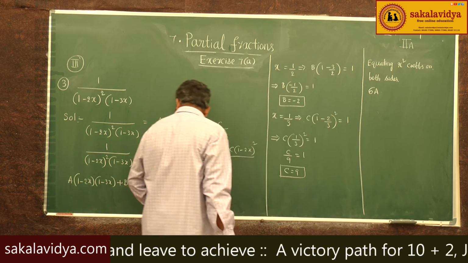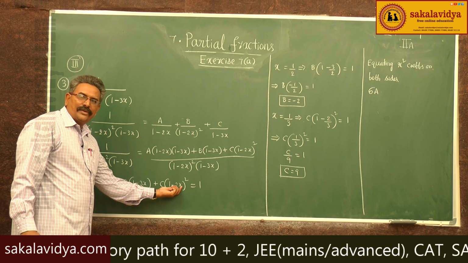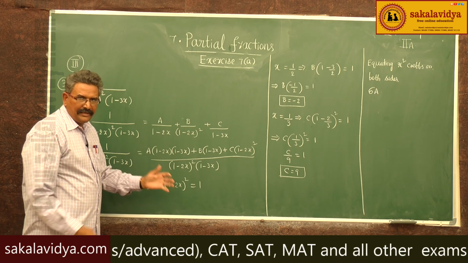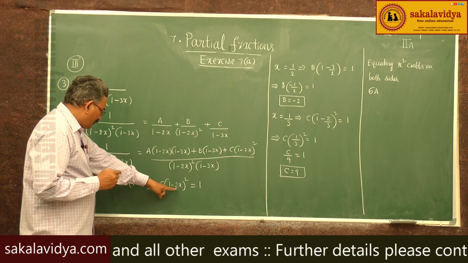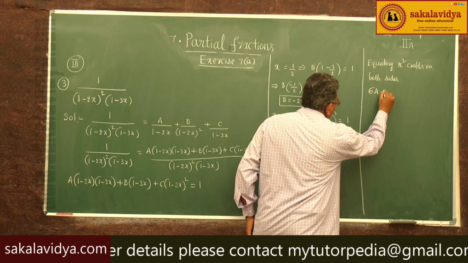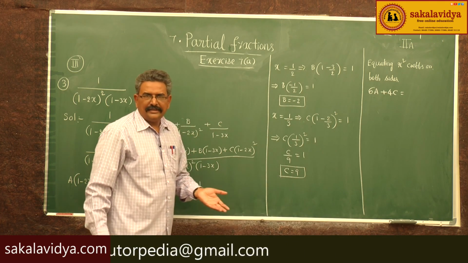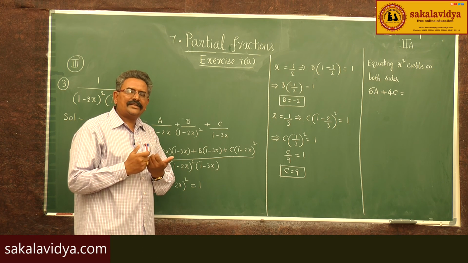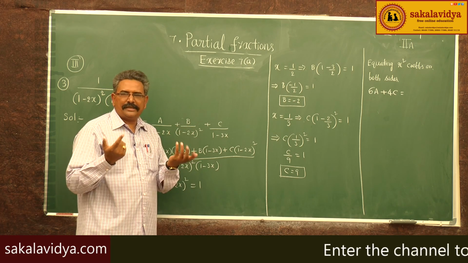So, next let us come to the last one. Here minus 2x whole square is 4x square, but multiplied by c, 4c x square. Here x square coefficient is 4c. So, x square coefficient of left hand side becomes 6a plus 4c equals to. In the right hand side there is no x square term, there is no x term. So, since x square term is absent, its coefficient becomes 0.